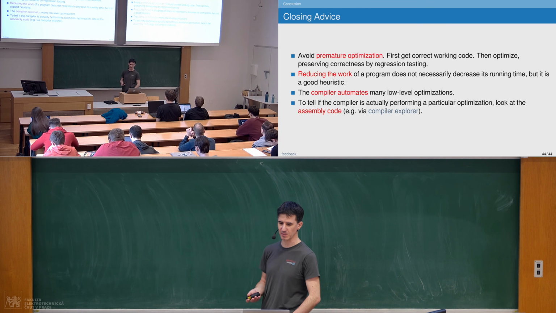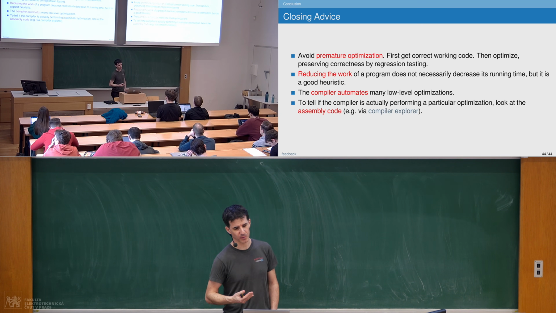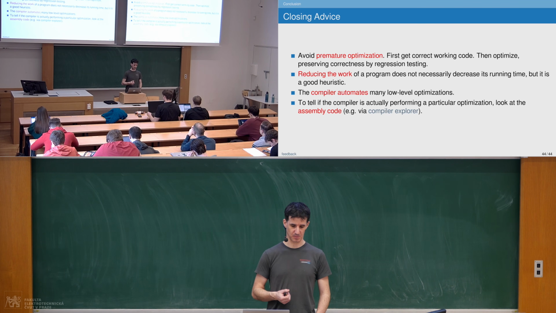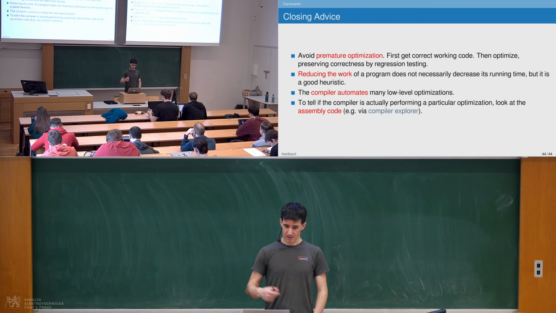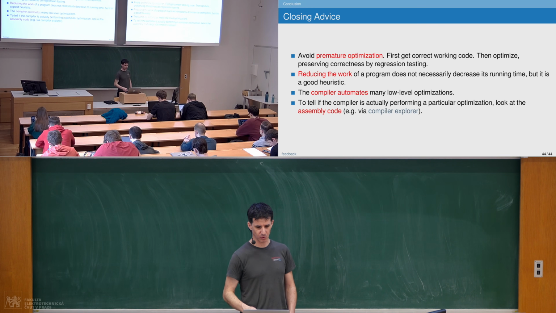Hardware does a lot of optimizations, and ensuring that simplifying and reducing the work of your program actually translates to lower execution time is not clear. The compiler does much of this work for you, but not everything.